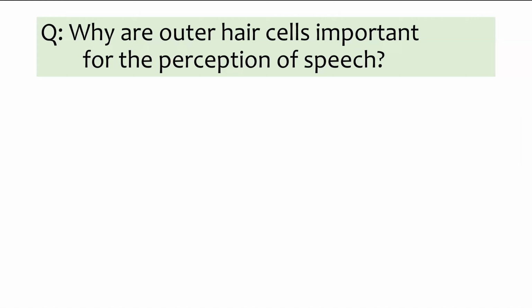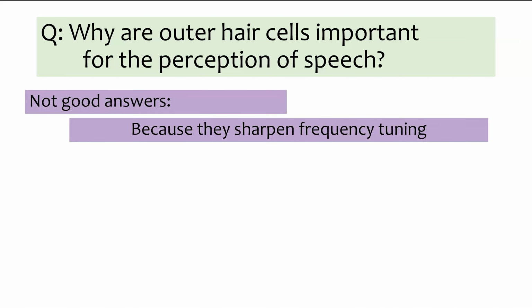So looking ahead to things like quizzes and exams, imagine that you're being asked, why are outer hair cells important for the perception of speech? In the past, I've gotten some answers that weren't really that satisfying. So for example, because they sharpen frequency tuning. What this tells me is what the outer hair cells do, but this answer doesn't tell me why it's important for the perception of speech.